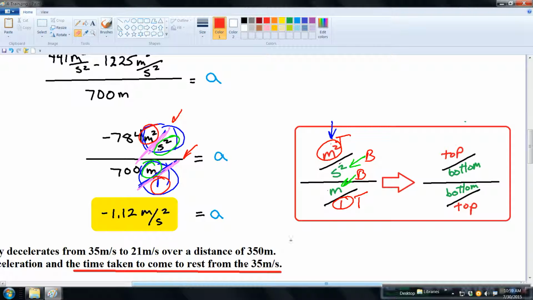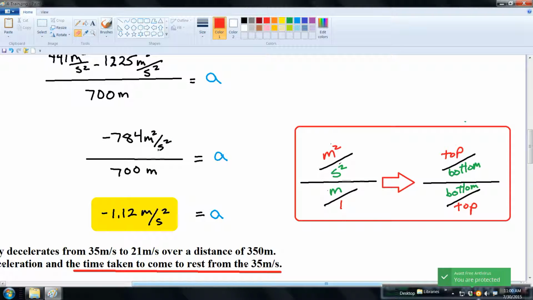Okay, so that means that anything that matches top and bottom can be canceled. Let me clear this so it's not so confusing. So we've got meters squared and meters, and this is on the bottom and that's on the top, so we can knock that out, and then our seconds squared is still there on the bottom. So that's how we end up with meters per second squared.